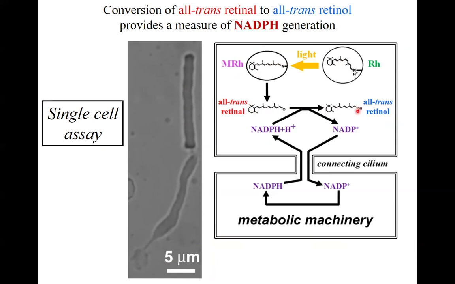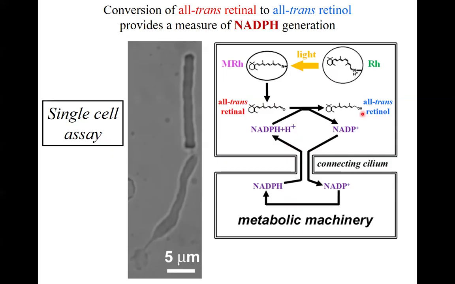This reaction takes place, and the NADPH that is being used is provided by the metabolic machinery in the inner segment. And as all-trans retinal is released and reduced, more NADPH has to come in to keep this reduction going.